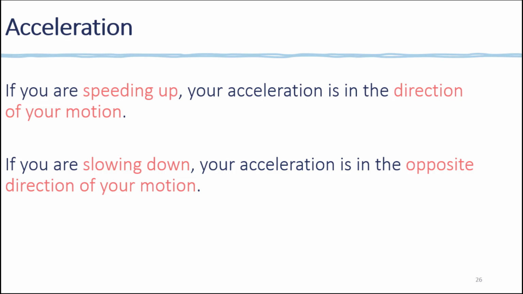If your velocity is increasing, if you're speeding up, then naturally your acceleration is in the same direction as your motion. Whereas if you're slowing down, if your velocity is decreasing, then your acceleration is in the opposite direction.